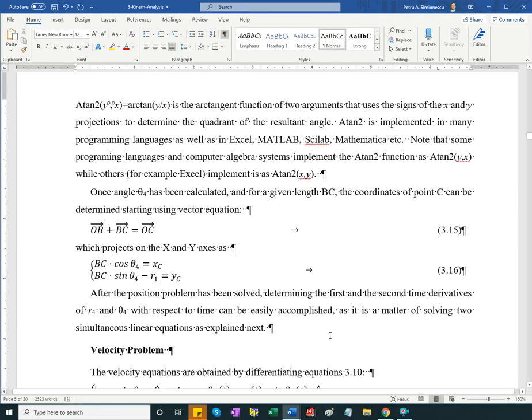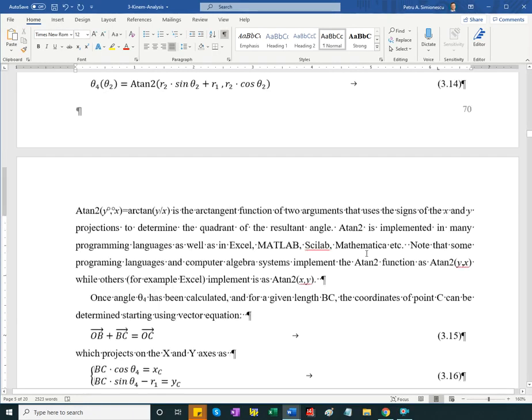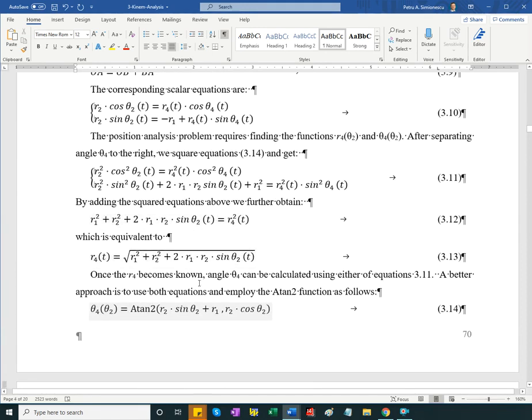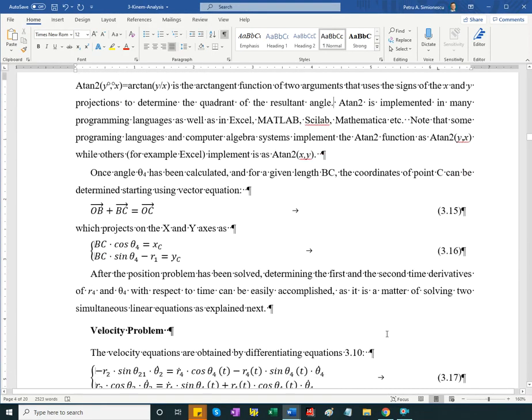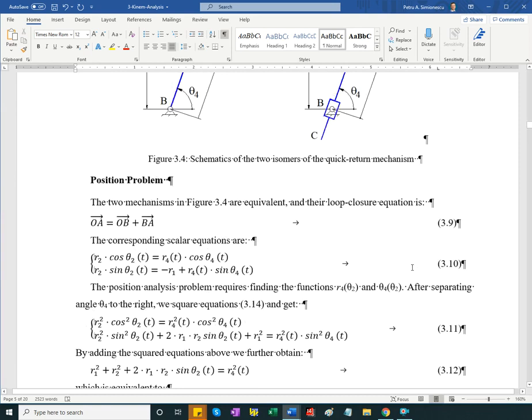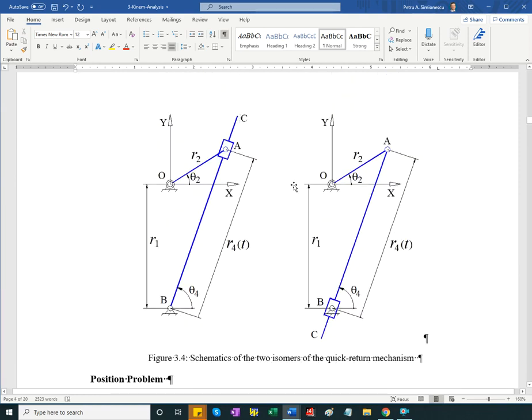Okay, so once we find theta 4, then we can solve the problem. If we want to find, for example, the position of point C, whether this one or this one, we can write the vector loop equation of the form OB plus BC equals OC. OC projects as XC, YC.